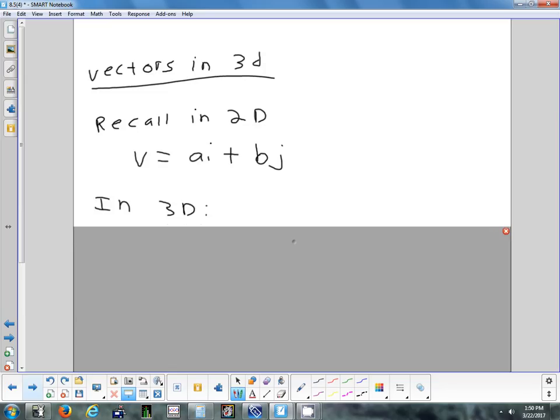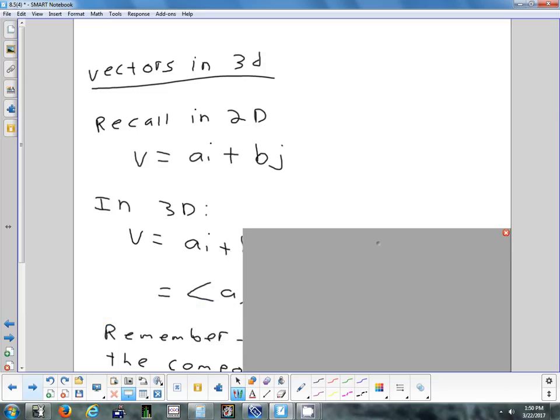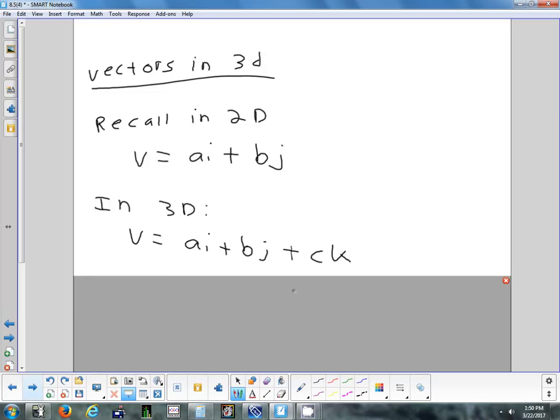Now in 3D, I not only need the x-axis component and the y-axis component, what else do I need? Yep, I need the one that's on the z-axis. So a was the x-axis, b was the y-axis, c is going to be the component on the z-axis, and k is a unit vector.